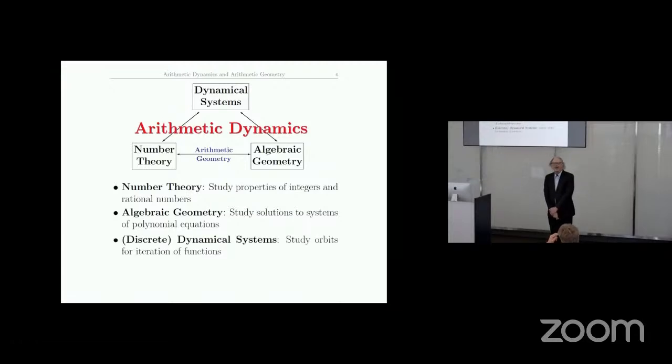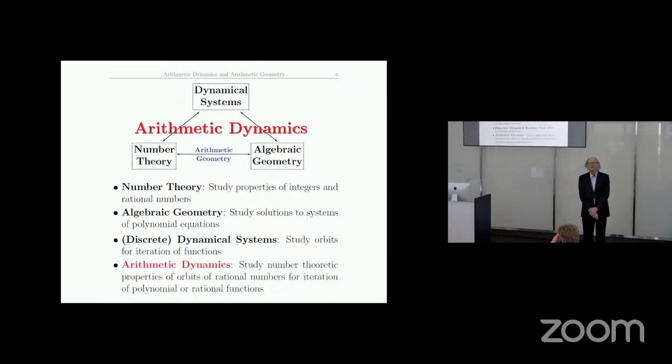And discrete dynamical systems, also a very old subject, is when you iterate a function and study orbits of where points go. So, combining those three, arithmetic dynamics becomes the study of the number theoretic properties of orbits of rational numbers when you apply a function many times.